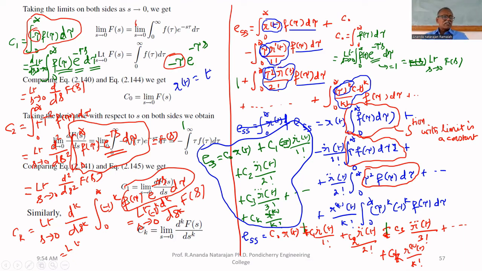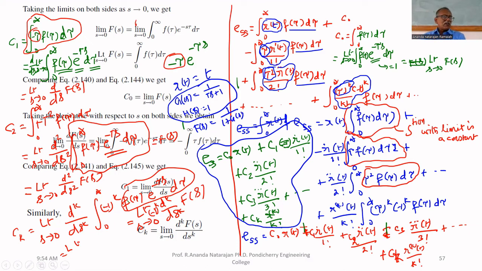You can find the steady state error. I know the transfer function also. G of s equal to 1 upon tau s plus 1, H of s equal to 1. These are all given. From this we can find C0, C1, C2, C3, etc. Because F of s equals 1 upon 1 plus G of s, because H of s equal to 1.